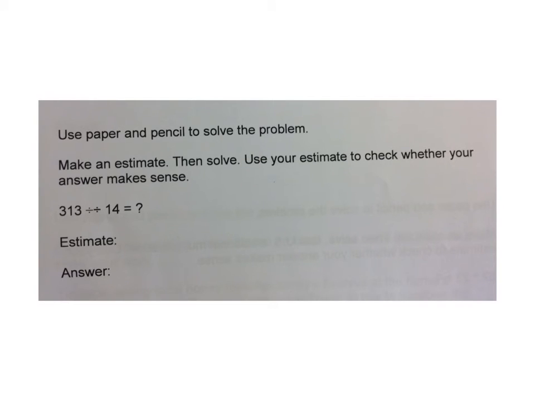Last one here again. I'm going to use my estimate. So something close to 31 that I can divide by 14. So I know that 14 times 2 is 28, so I can do 280 divided by 14 for 20.